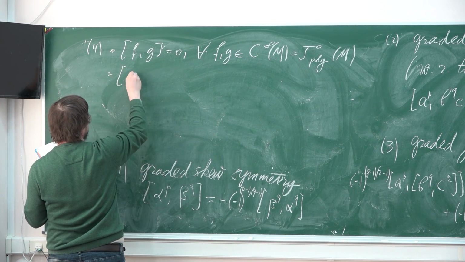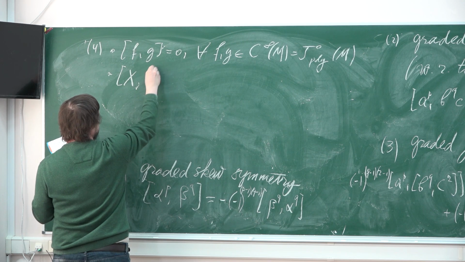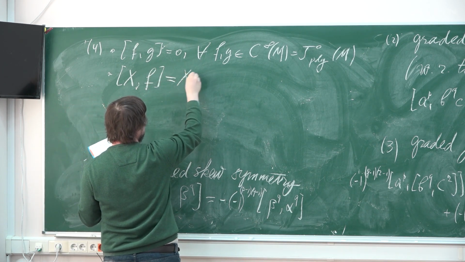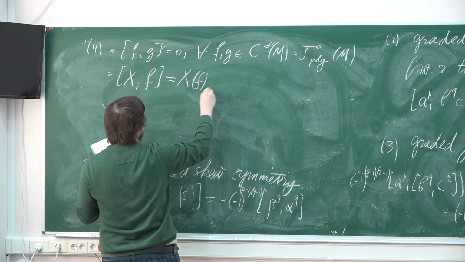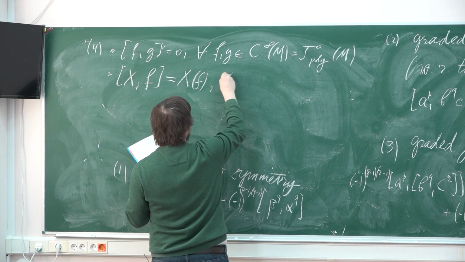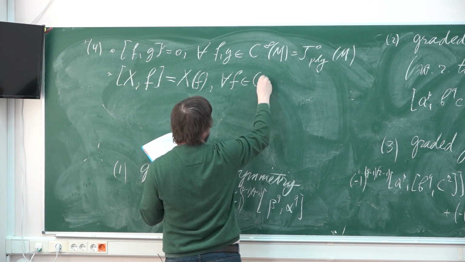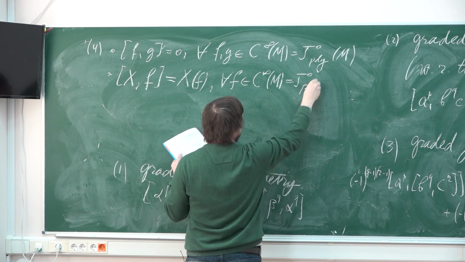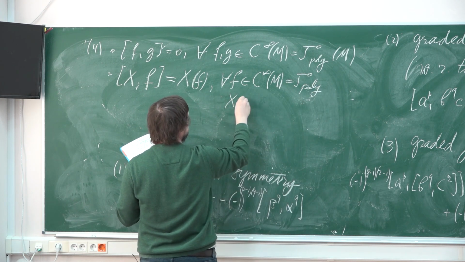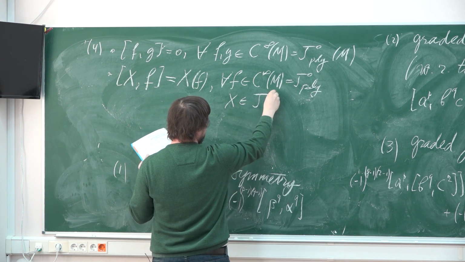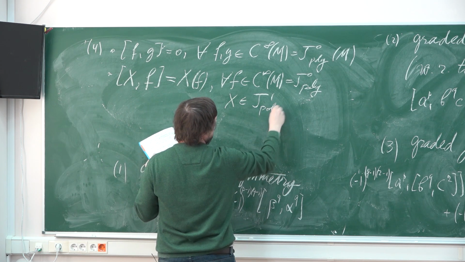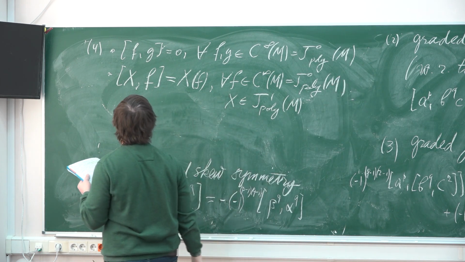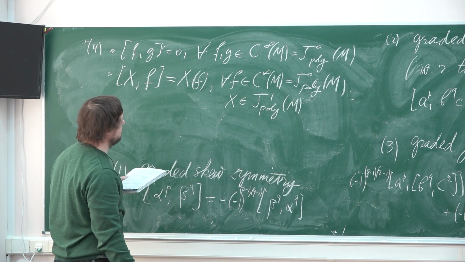Then if you take a vector field X and a function f, what you get is again what you can expect. f is a degree-0 polyvector field, and X is a degree 1 vector field, so the bracket should be of degree 0, and that should be a function.